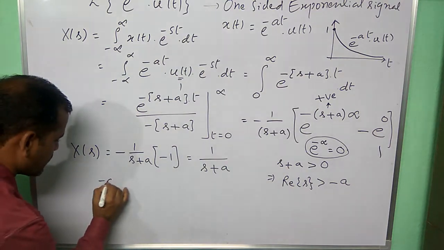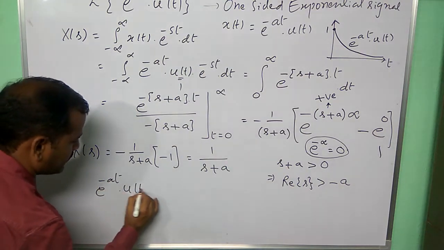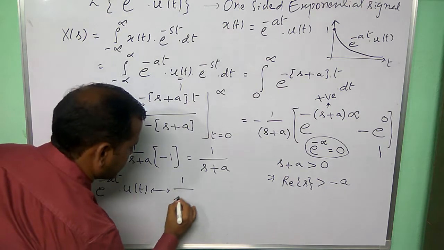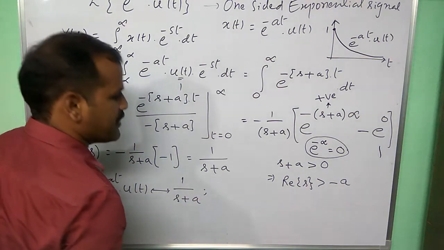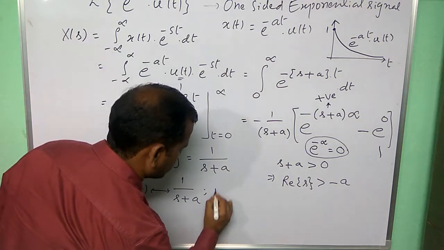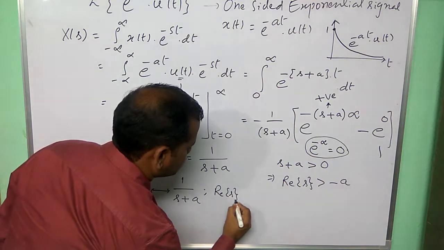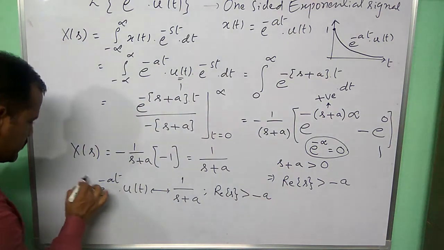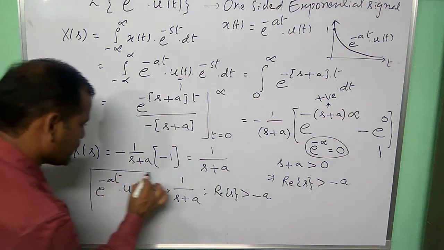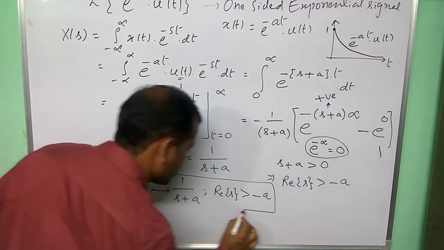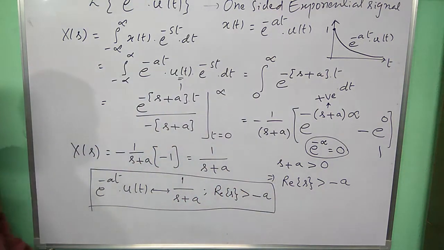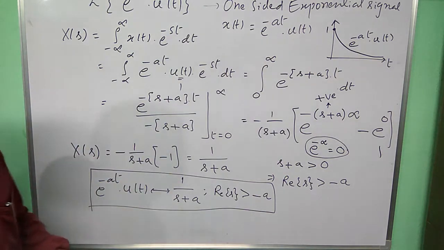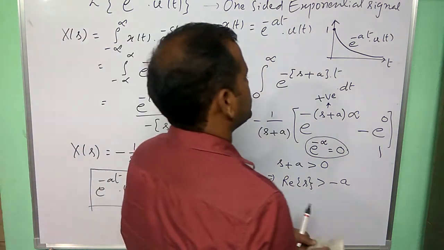So e power minus at u of t has Laplace transform 1 by s plus a, with region of convergence real part of s greater than minus a. This is the conclusion for us, the Laplace transform along with ROC. From this, let us consider some numerical examples of exponentials.